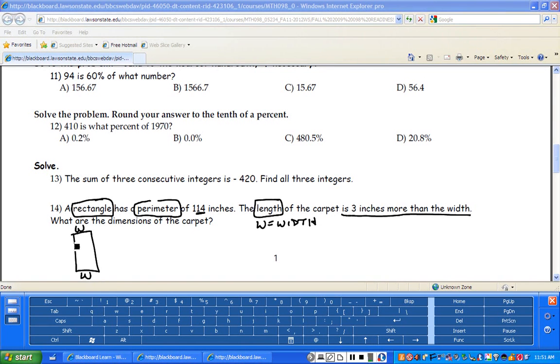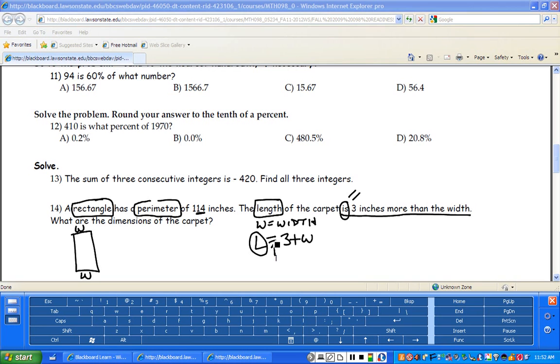Now, as far as the length of the rectangle goes, how long it is, the problem says the length is, "is" means equal sign. So length is 3 more than the width.